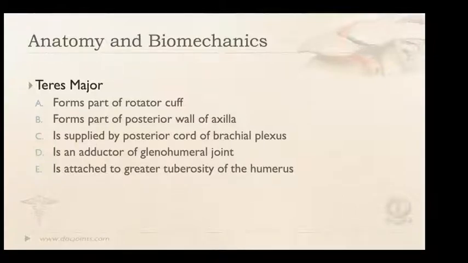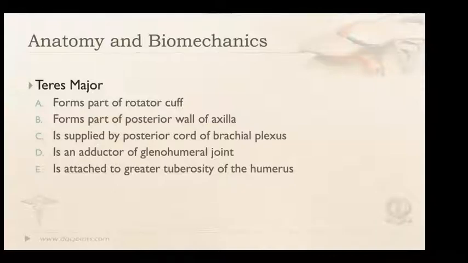All right. So the next question in anatomy and biomechanics: teres major. What all are true? Yes, it forms part of the posterior wall of the axilla. B is right. Is an adductor of the glenohumeral joint.